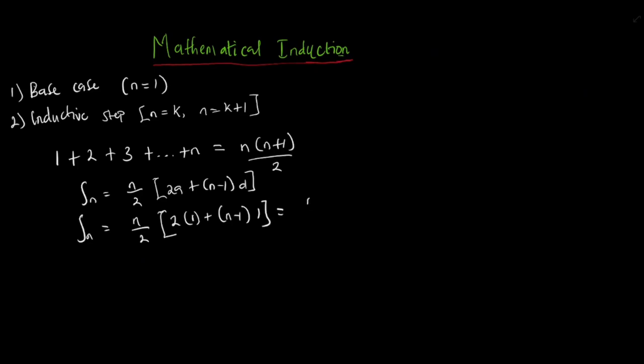Then Sn will be equal to n over 2 times (2 multiplied by 1, we have 2, plus (n minus 1) multiplied by 1, we have n minus 1). Then this gives n over 2 times (2 minus 1 is 1, then we have n), so n(n plus 1) over 2, which is what we have at the right hand side.